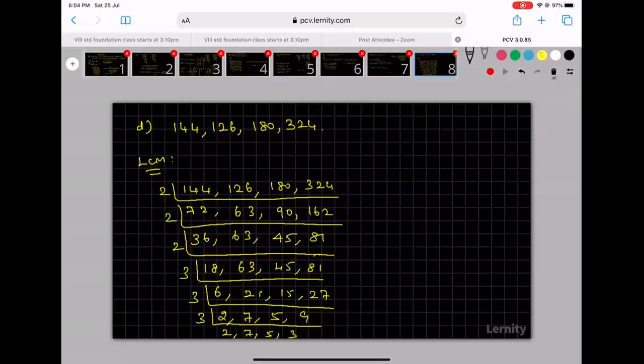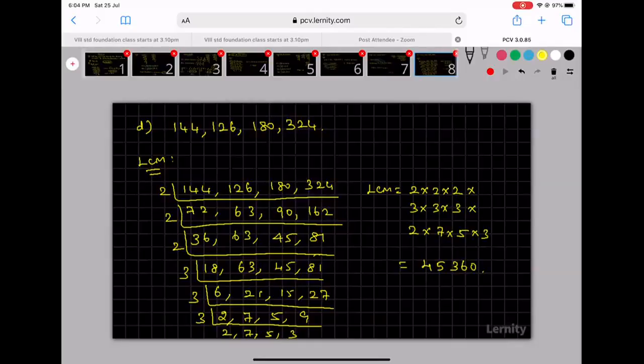So the same thing you are getting. Therefore, the LCM is equal to 2 into 2 into 2 into 3 into 3 into 3 into 2 into 7 into 5 into 3. So the LCM is 45360. This is my LCM.